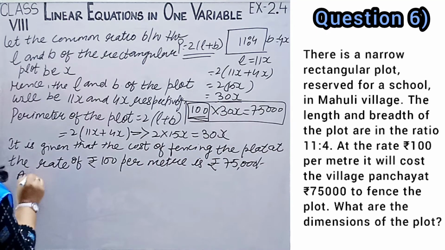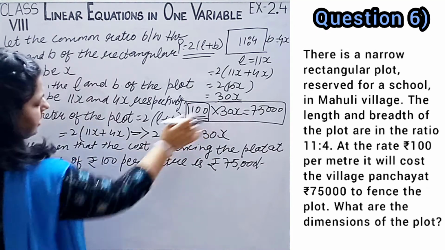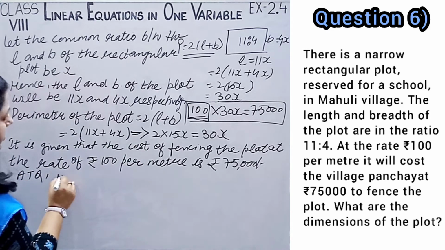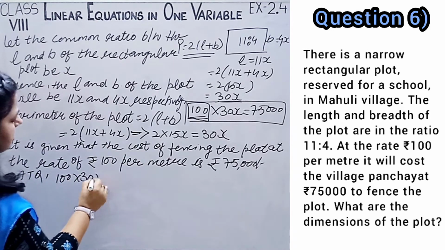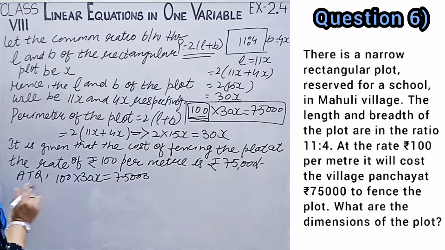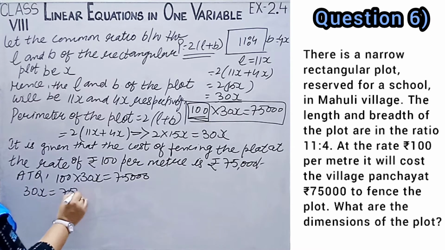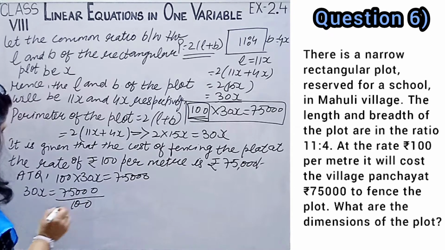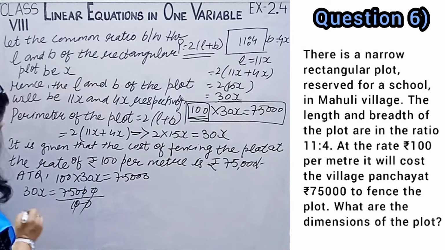So according to the question, we got 100 into 30x is equal to 75,000. Now transposing, 30x is equal to 75,000 over 100. We have already learned how to transpose the numbers. Cancel out 0 0.